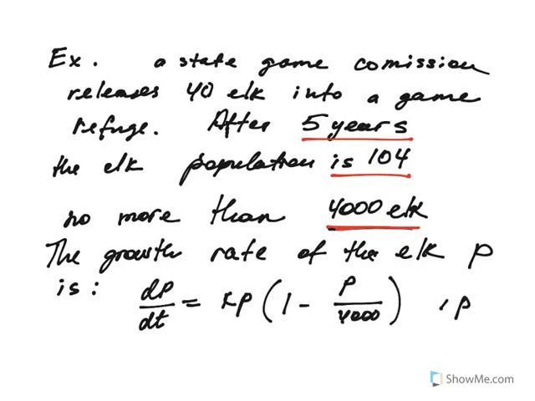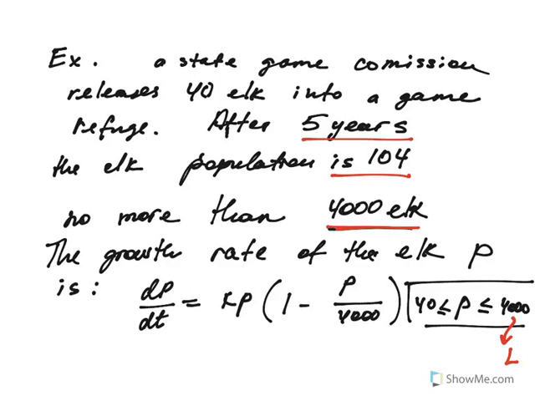Now, we are between or equal to 40 and 4,000. So the maximum number of your population is 4,000. You probably already guessed, so that the number 4,000 is your L, is your carrying capacity. So that's your maximum number.